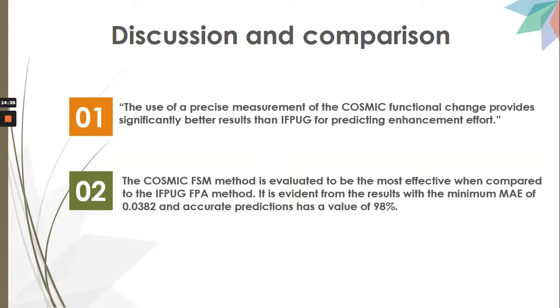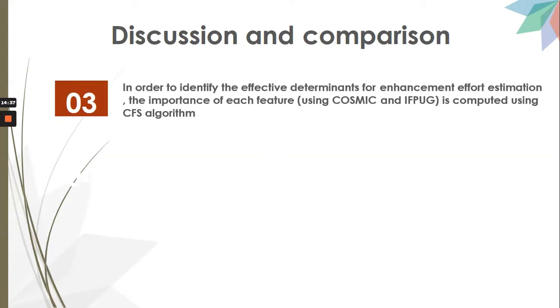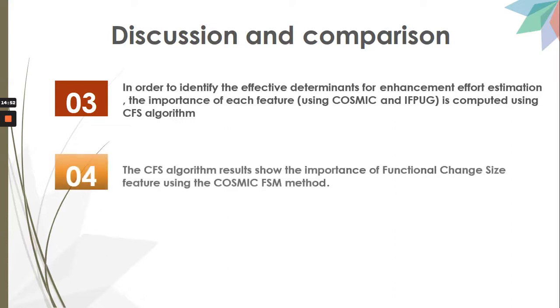Third, in order to identify the effective determinants for enhancement effort estimation, the importance of each feature using COSMIC and IFPUG is computed using the correlation-based feature selection algorithm. The results show the importance of the functional change size feature using the COSMIC functional size measurement method.